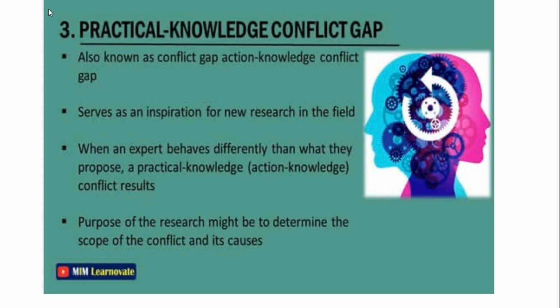So the purpose of the research might be to determine the scope of the conflict and its causes. Just to say that in this case, the research could seek to determine the scope of the conflict and uncover the reasons, for example, for its existence, right?